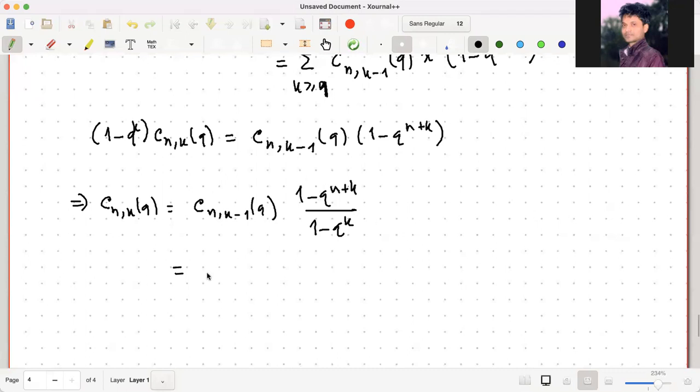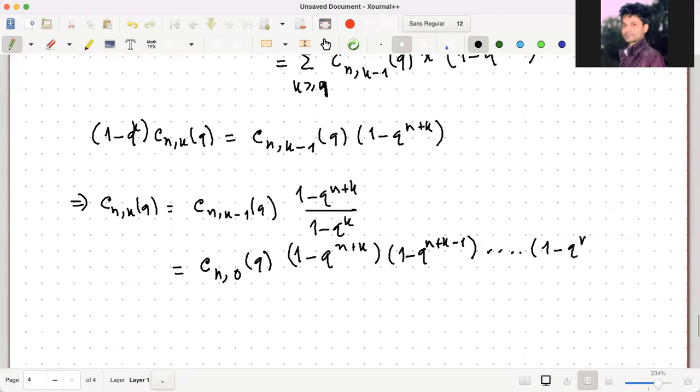So this will keep on going and ultimately will end when k minus 1 goes down to 0. And on the top I'll have 1 minus q to the power n plus k times 1 minus q to the power n plus k minus 1 and so on until 1 minus q to the power n plus 1.